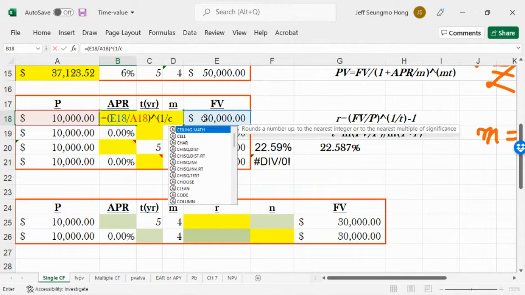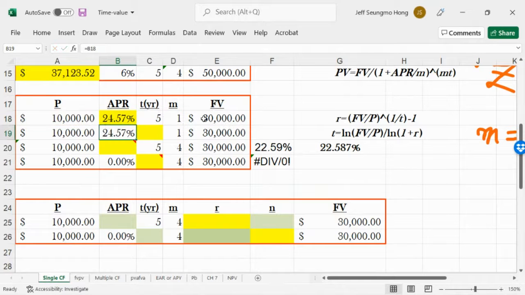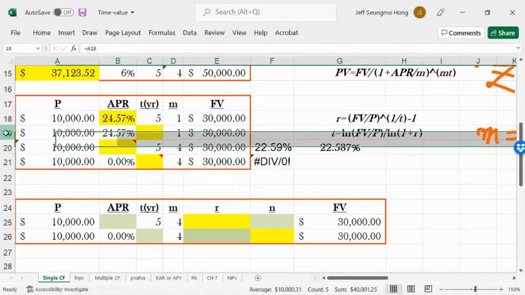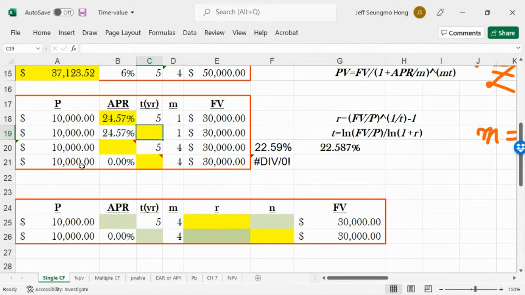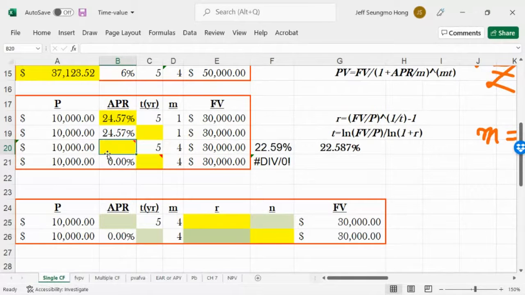So I'll just manually type in C18 minus 1. There you go. It has to be 24.57. Now we go to row 20 because 19 is about finding n. We haven't got to that point yet, so we'll do the rates first.